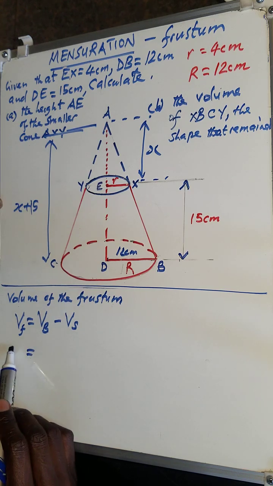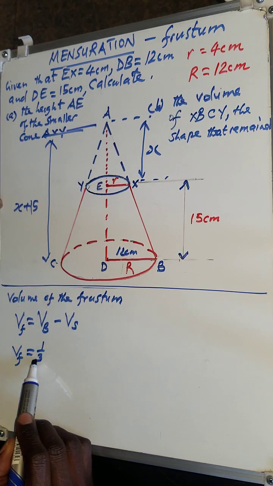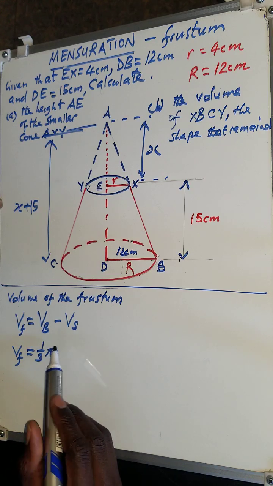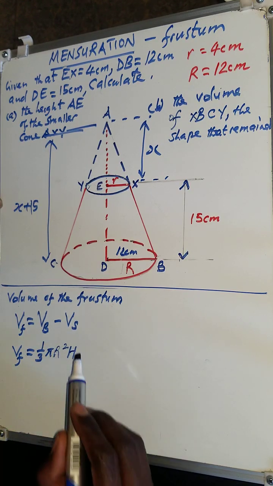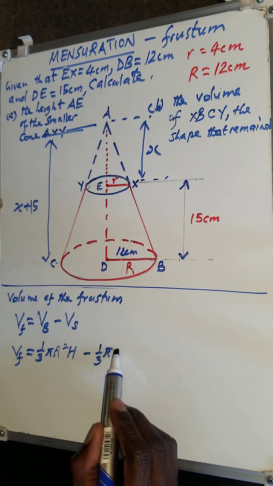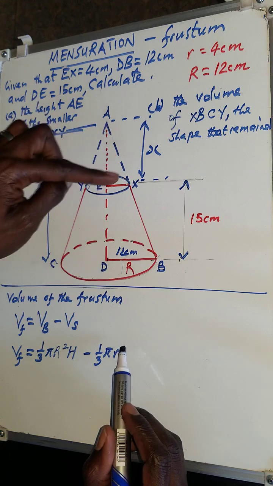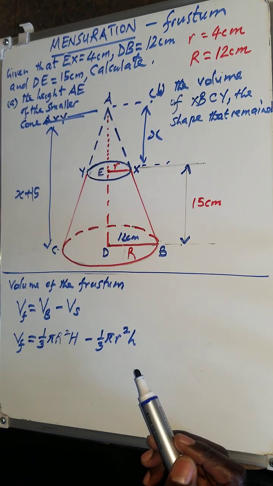Now if you remember, the volume of a full cone is given by 1/3 pi the bigger radius squared multiplied by the bigger height, minus 1/3 pi the radius of the smaller circle squared multiplied by the height. So that is what we are going to do there.